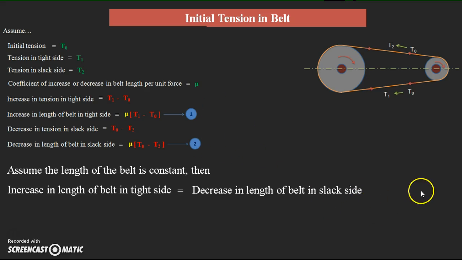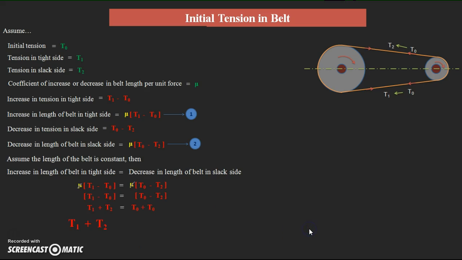Equating equations 1 and 2, write mu into T1 minus T0 is equal to mu into T0 minus T2. Cancel the common term mu, and the remaining step is T1 minus T0 is equal to T0 minus T2. Taking T0 to one side and T1 and T2 to the other side, minus T2 moving to the left becomes positive, and minus T0 moving to the right becomes positive, so T1 plus T2 is equal to 2T0.